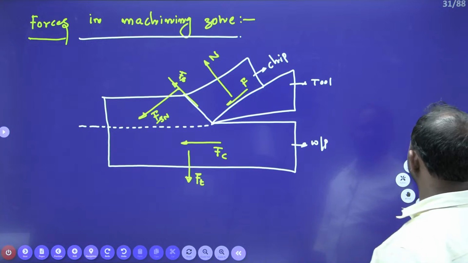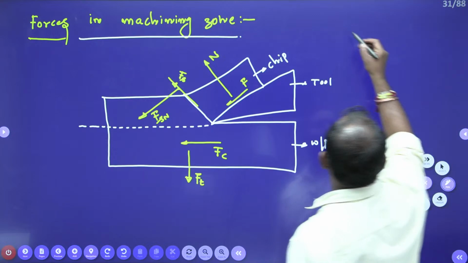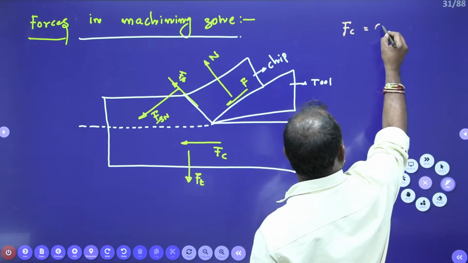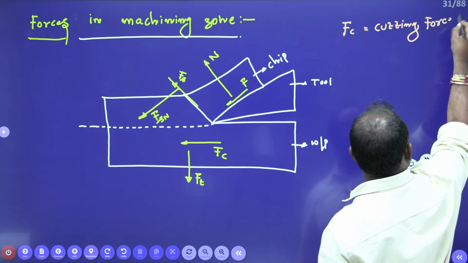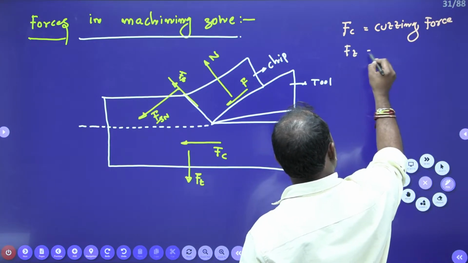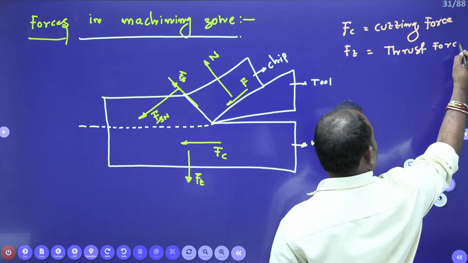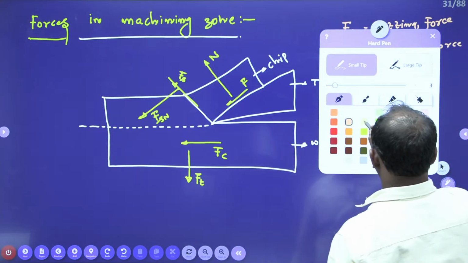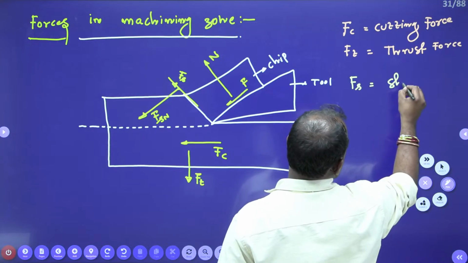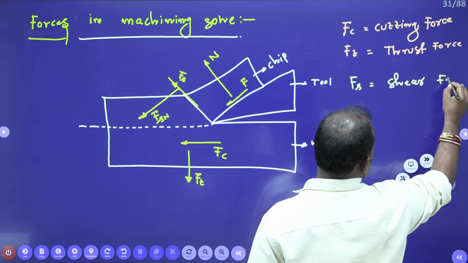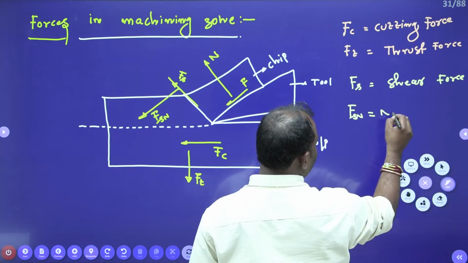Now, let me write that. Fc is the cutting force. Ft is the thrust force. Next, Fs is the shear force, and Fsn is the normal to shear force.